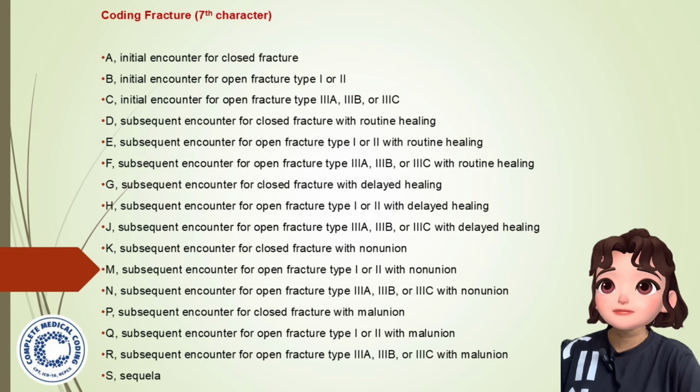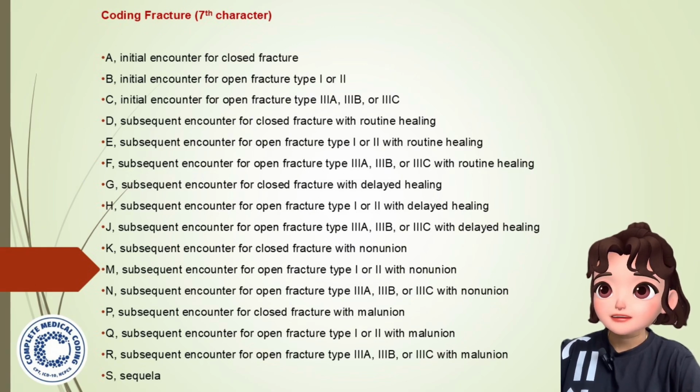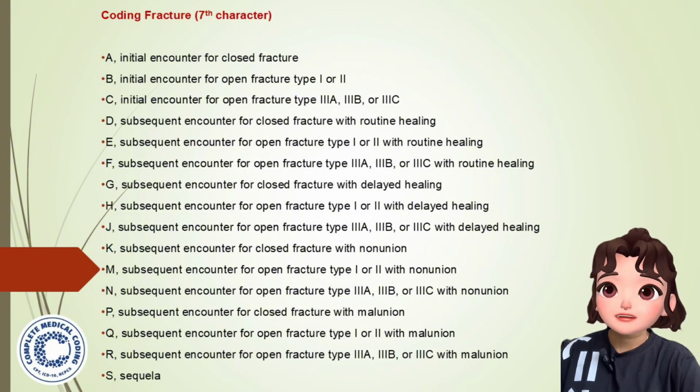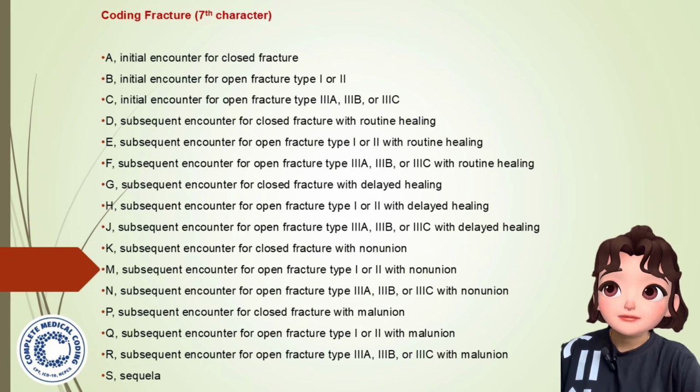See, this is the coding of the fracture seventh character. A represents initial encounter for closed fracture. A to C represents initial encounter. D to R represents subsequent encounter and S represents sequela. So in that, A is the initial encounter for closed fracture.